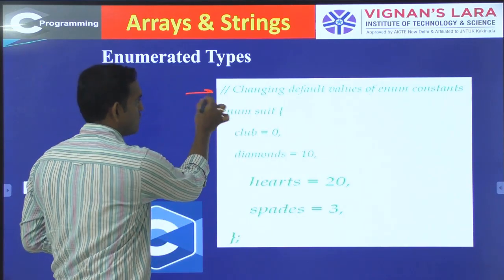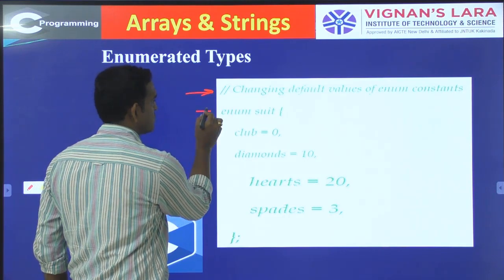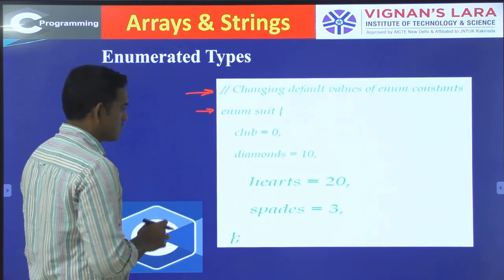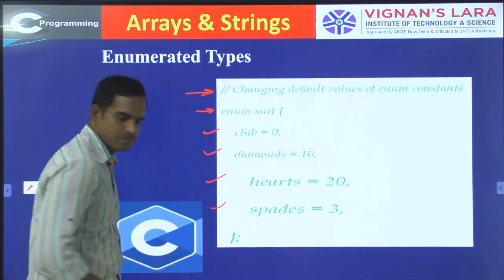Changing the default values of your enum constants: here you have enum suit. Every suit will have clubs, diamonds, hearts and spades.